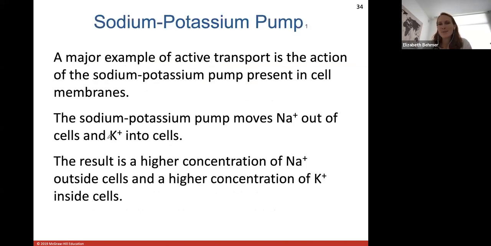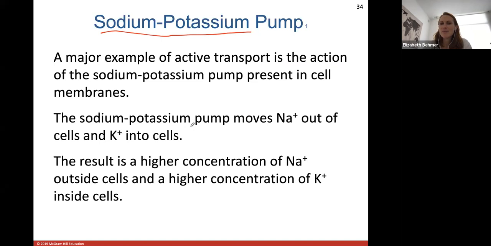And the big example of an active transport pump is called the sodium-potassium pump. We are going to spend a lot of time talking about this when we get to our nervous system. But this is a major example of active transport that transports sodium and potassium ions in the cell membrane.